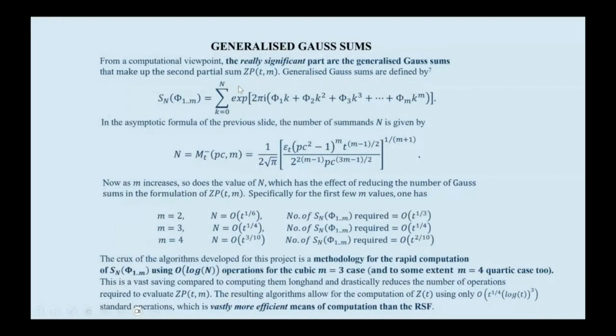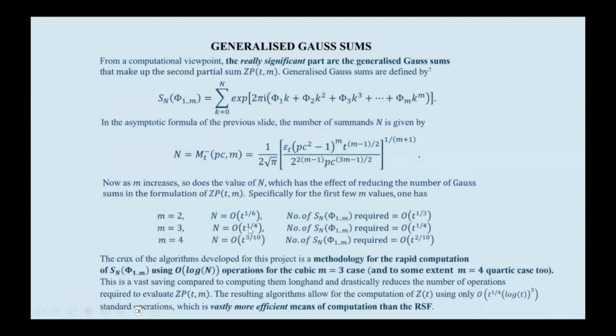So you think this takes of order n to calculate, but that's not the case. What we've done is develop an algorithm that only uses of order log n operations for the cubic case, and to some extent for the m equals 4 quartic case too. And that's a huge saving.